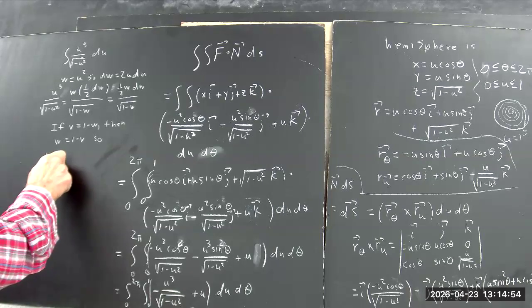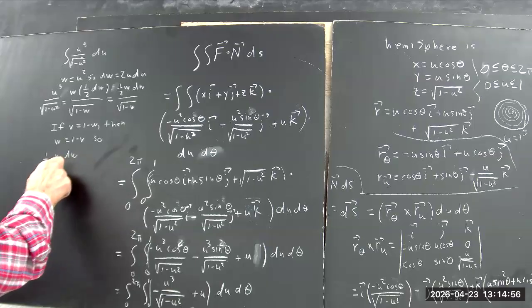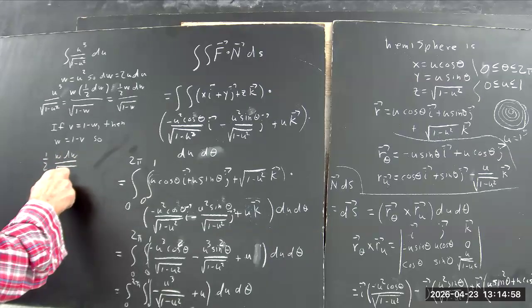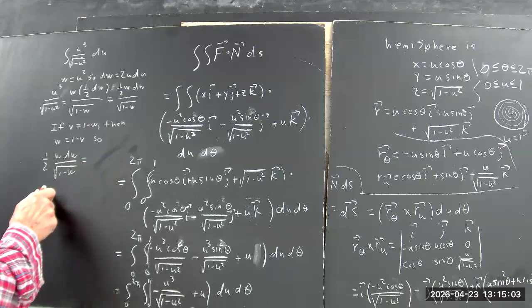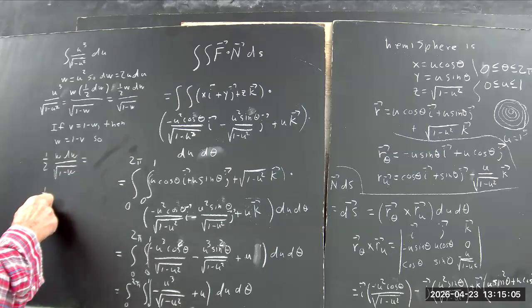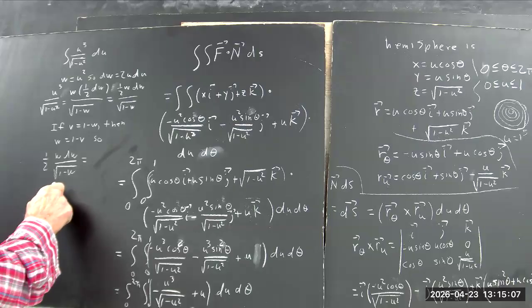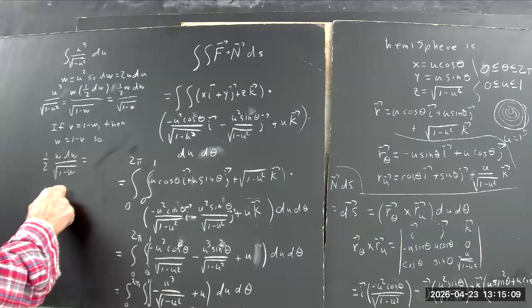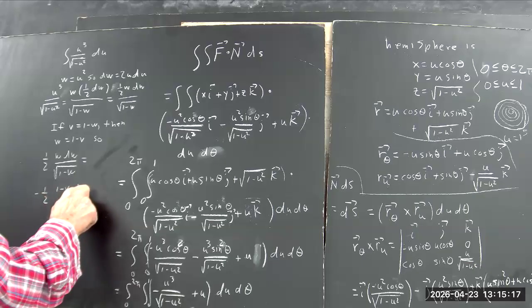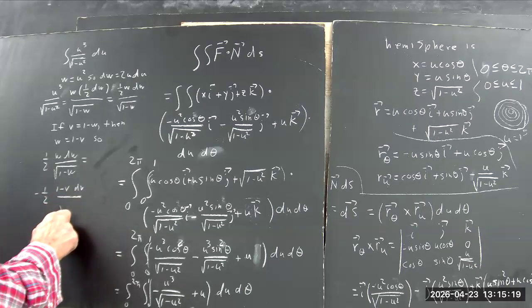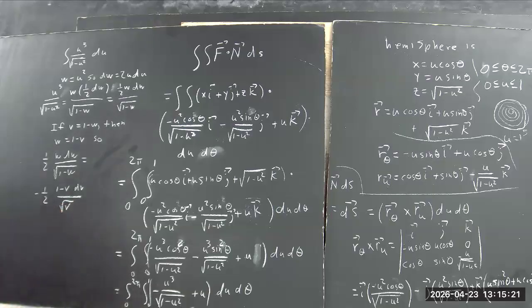So 1/2 of w dw over the square root of 1 minus w equals negative 1/2 of 1 minus v dv over the square root of v.